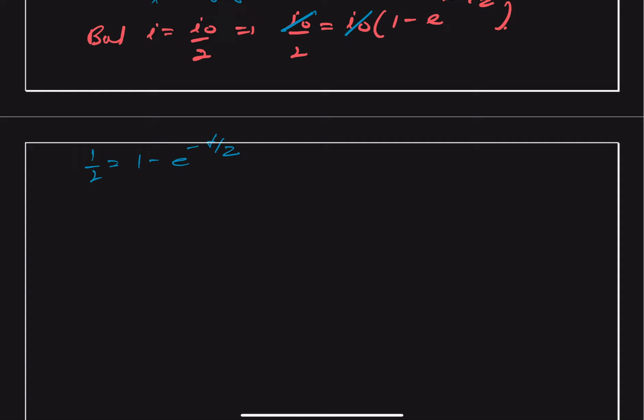Now it's quite simple. You can write this as e to the power minus t upon tau is equal to 1 by 2, and just solve it. We get minus t upon tau will be equal to natural log of 0.5. Let me write it the other way.